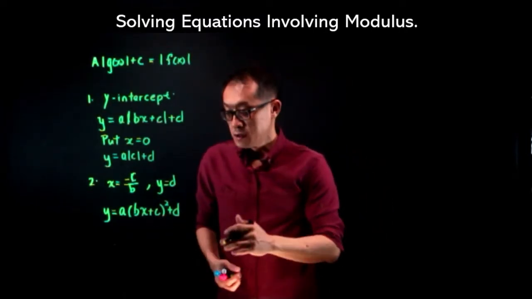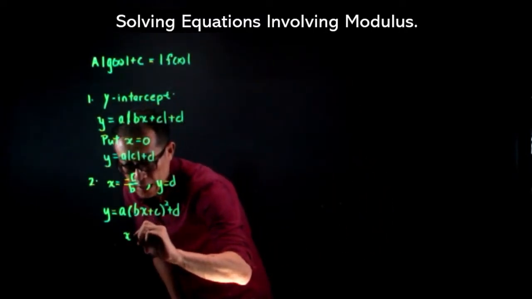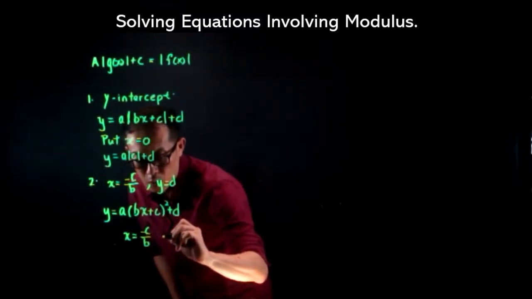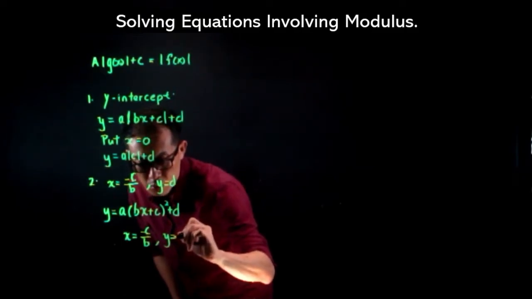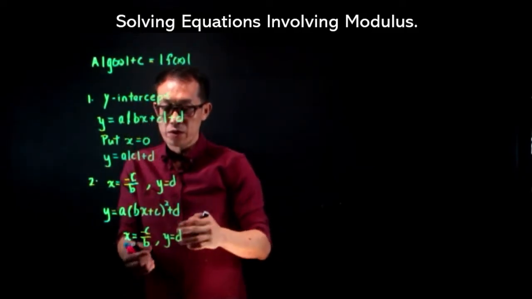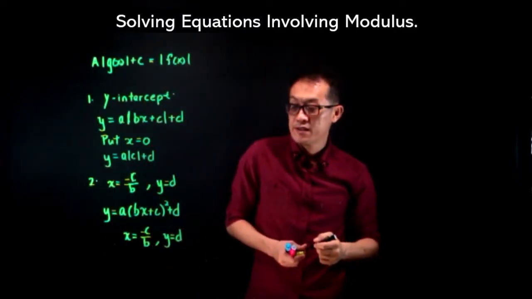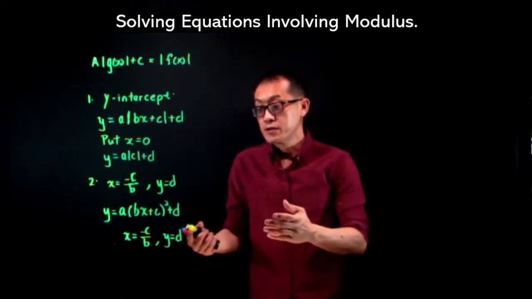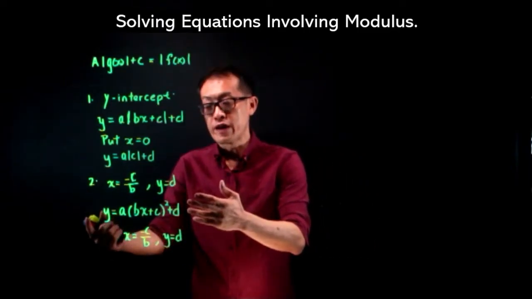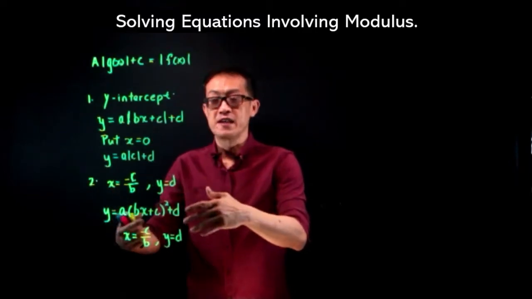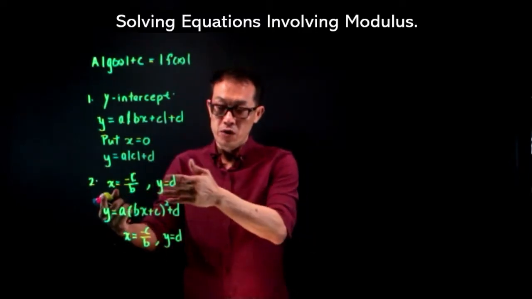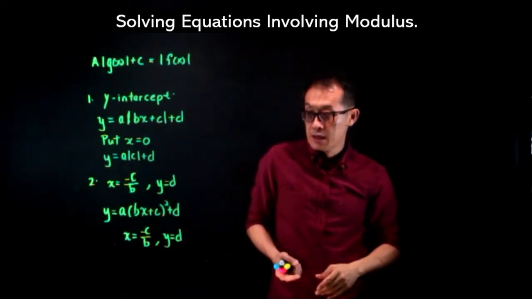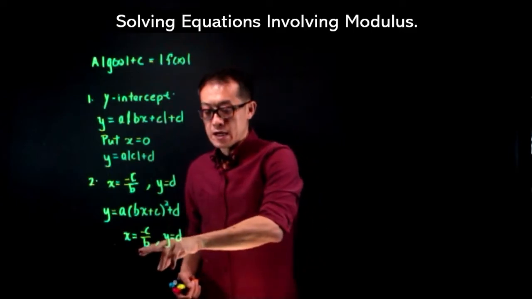You learned that the x coordinate is minus c over b, and the y coordinate is d. So it's kind of identical. If you can remember your quadratic function, you can also use that knowledge for your modulus function.